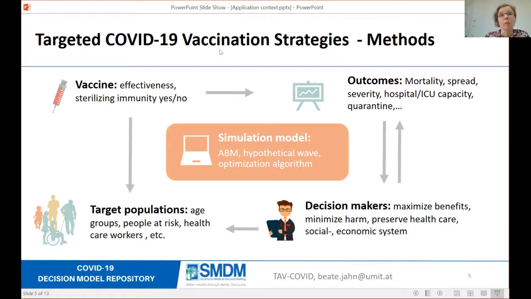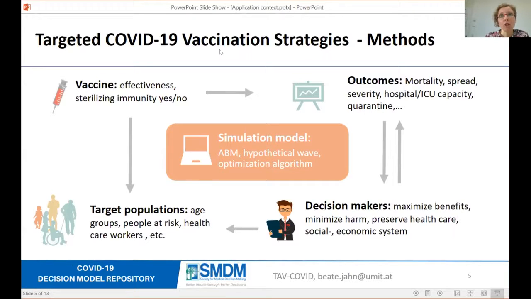Second, the characteristics of the vaccines impact the selection of the target population, but also acceptance and outcomes of vaccination strategies. But what are relevant outcomes?